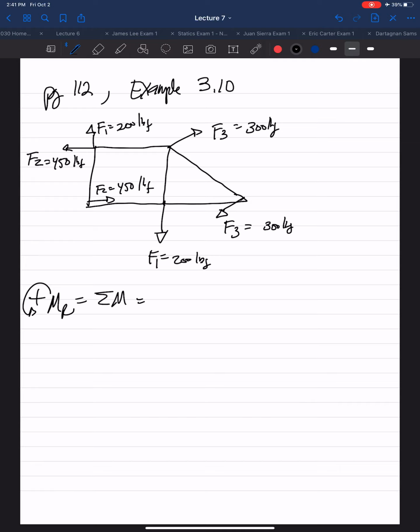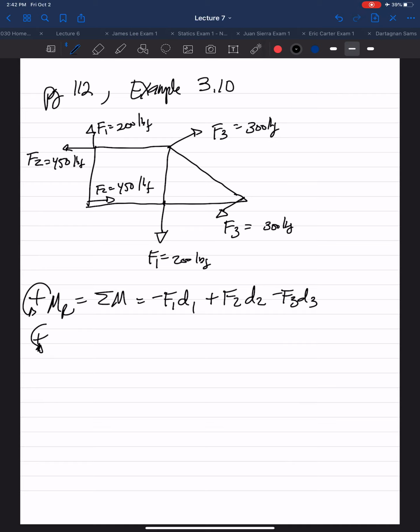So the couple moment produced by the F1 forces would be negative F1 times the perpendicular distance between them, D1. The F2s tend to create a counterclockwise rotation, so that would be positive times the perpendicular distance between them. And the F3s tend to create a clockwise or negative rotation.